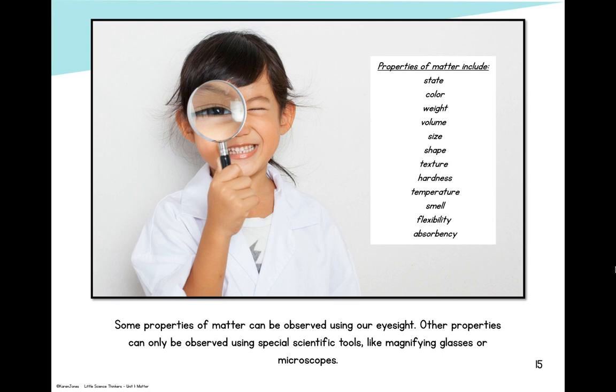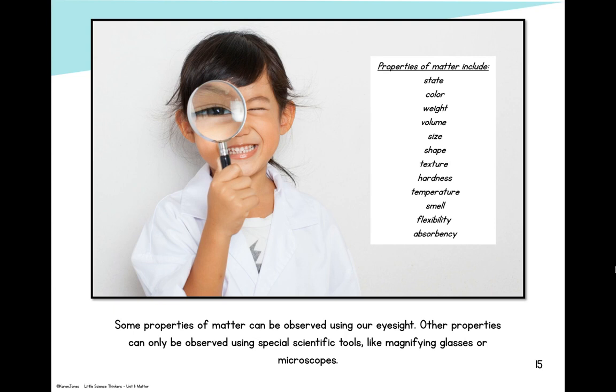All right. So some properties of matter can be observed using our eyesight. Other properties can only be observed using scientific tools like magnifying glasses or microscopes. So there's our properties of matter. The state, is it solid, liquid, gas?